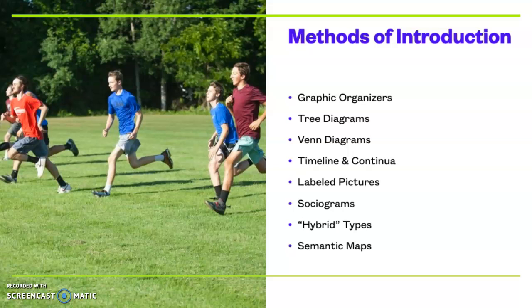In my TEAK personally, you could use any of them, but the ones I would use are labeled pictures to show how to do a specific exercise, or even show a picture of what happens if you don't have a very strong cardiovascular system. It can lead to heart failure and whatnot. I would also use Venn diagrams to show different workouts for the cardiovascular system and how it would all come full circle and help you out in the end.